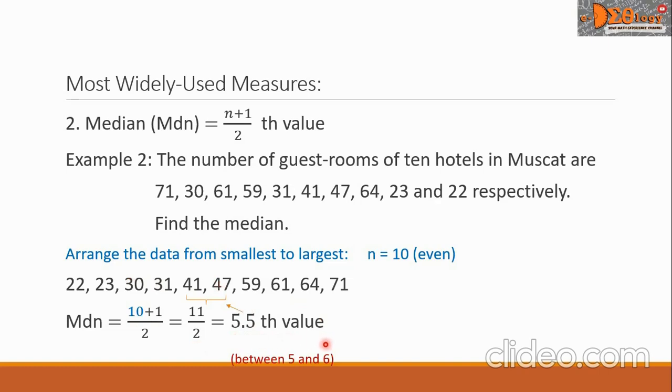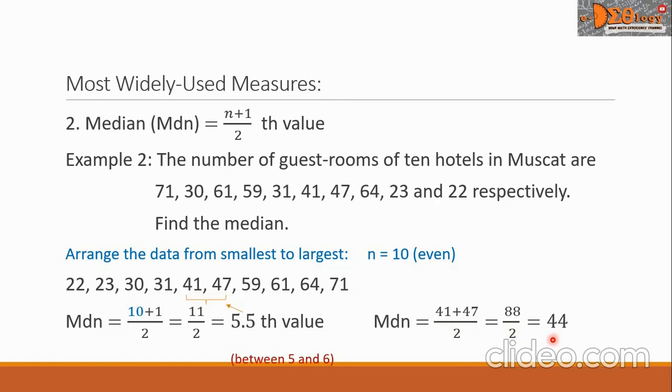So we identify the 5th and the 6th values respectively, 41 and 47. What we're going to do is to get the sum of these two values and divide by 2. So we have 41 plus 47 over 2. This is equal to 88 over 2, and the answer is 44.